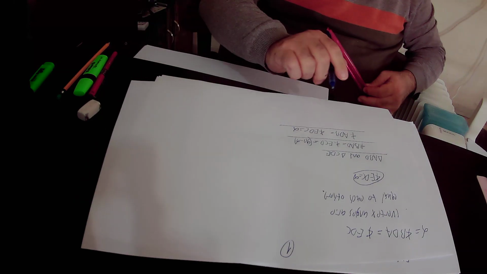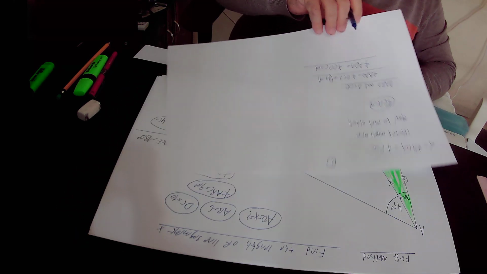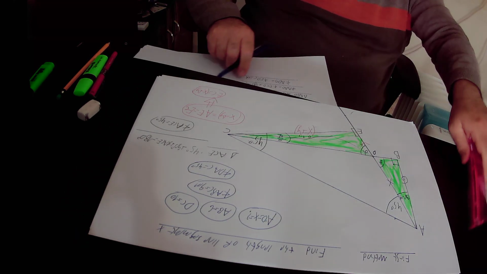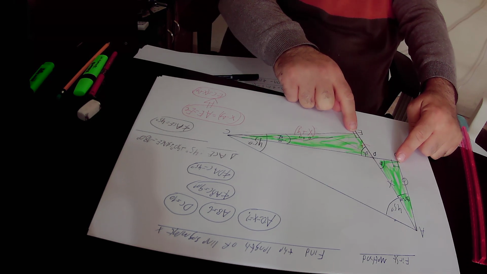I repeat again, angle ADB equals angle EDC equals alpha, and both those two right green triangles have those two angles that are both right angles.